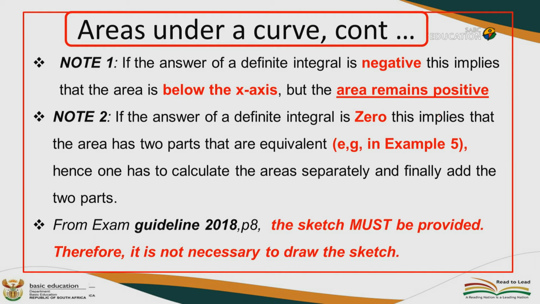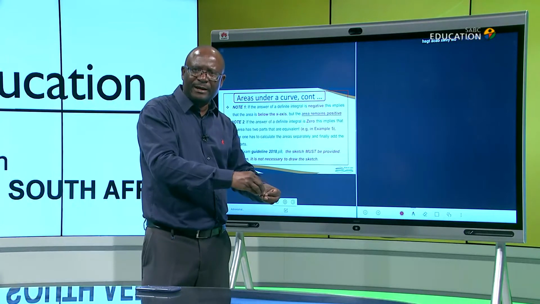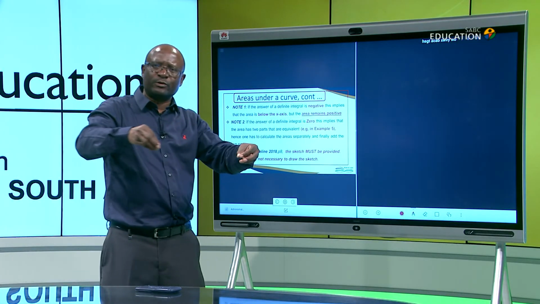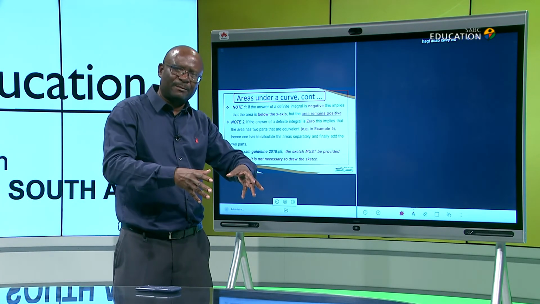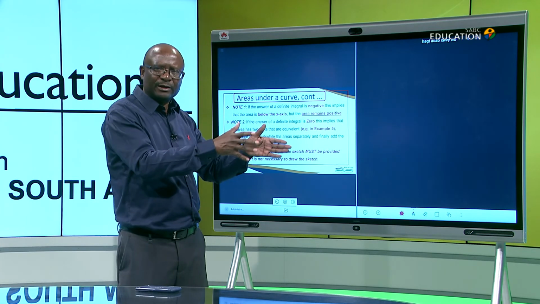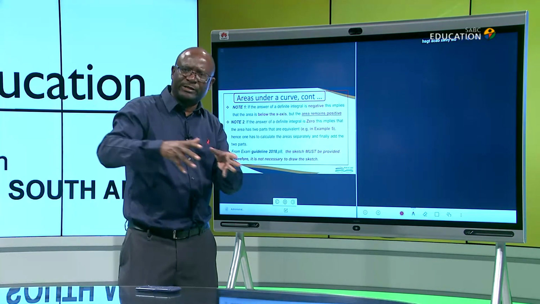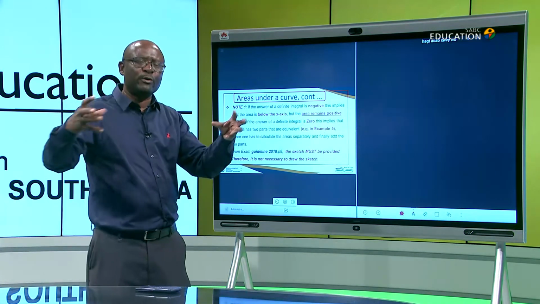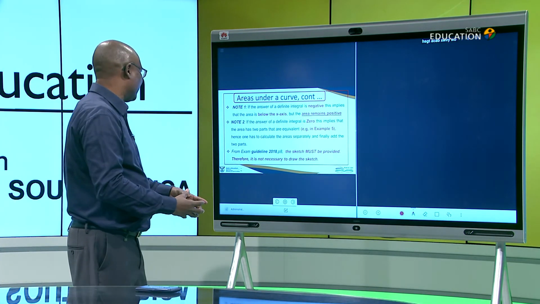Number two, if the answer of a definite integral is 0, like we have done with example number 5, it is impossible that there are two areas which give you 0. That simply means you need to split. You need to determine the area of the first part, and you determine the area of the second part, and you add them.